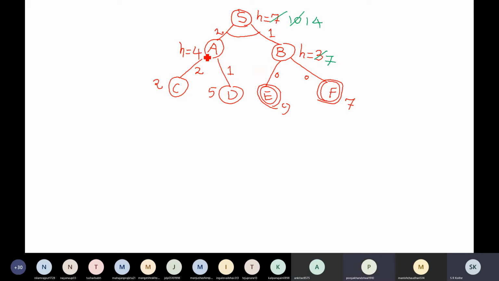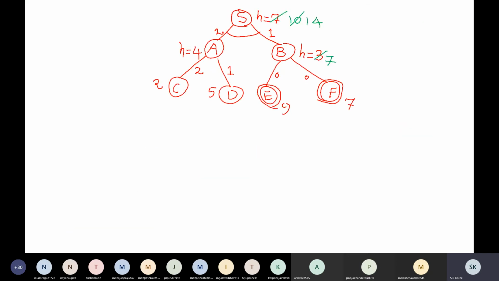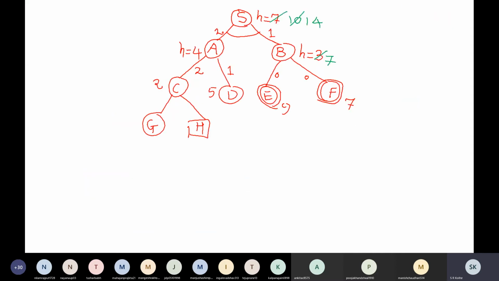Explore C, because that is the better node as compared to D. After exploring C, it has generated G and H. This is G and this is H. Here H is equal to 3, this is 1 and H is equal to 3. What type of node is it?